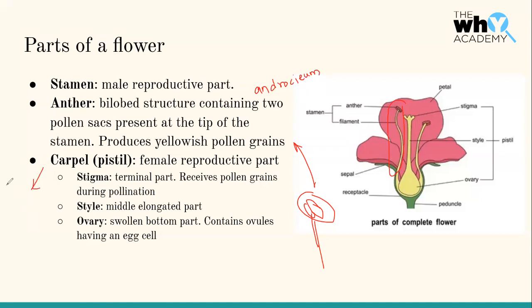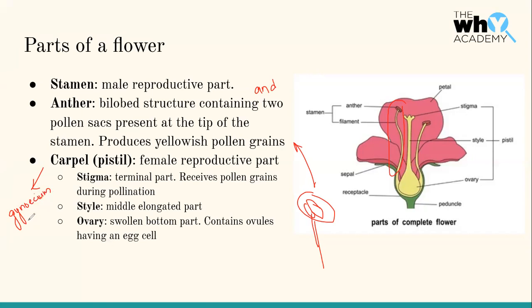And carpel or pistil is called the female part. Give me 1 second. Why am I confused with this spelling? Gynoecium.